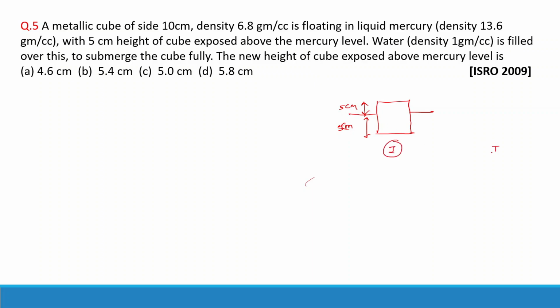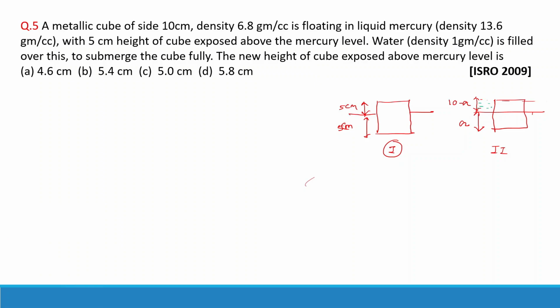Second, what we will do, we'll put water over it. If we put water over it, the position of the body will change. Suppose the height of mercury is A, the rest height will be equal to 10 minus A. So after putting water, you have A height of mercury and 10 minus A height of water.